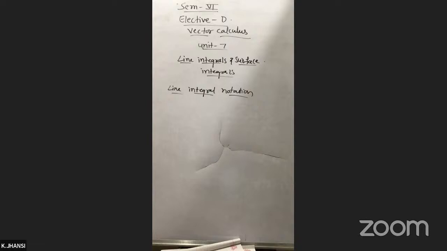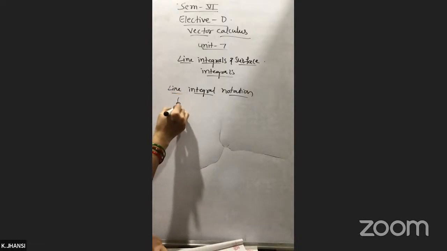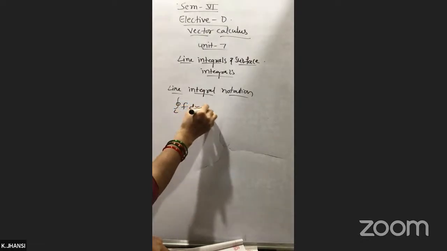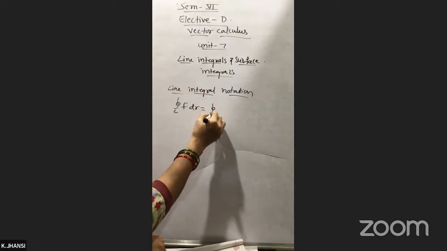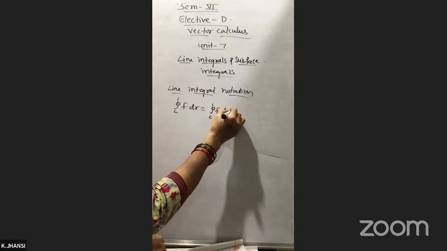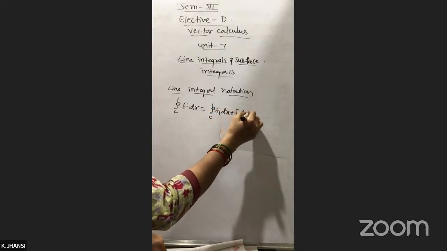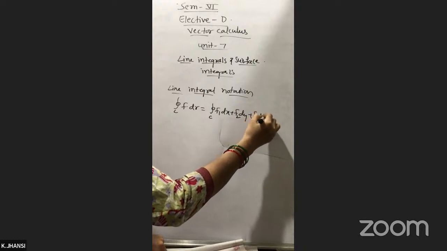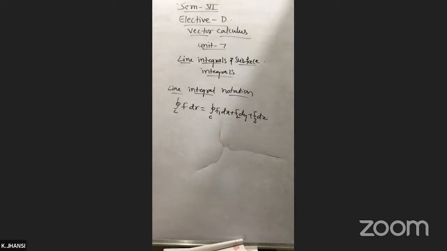The integration of F dot dr is equal to the integration of f1 dx plus f2 dy plus f3 dz. So this is the representation of the line integral. We will use this concept in solving Stokes theorem. Line integration notation is used in solving Stokes theorem.